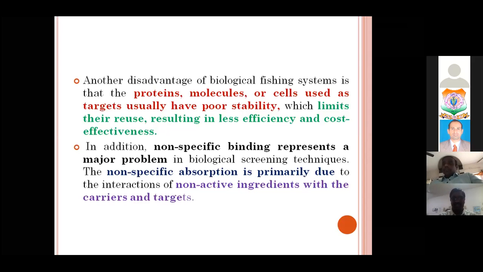Non-specific adsorption is primarily due to non-active ingredients binding with the carriers and targets. Remember, non-specific binding is a major problem with the target molecule. We are going to lose some of the active constituents.